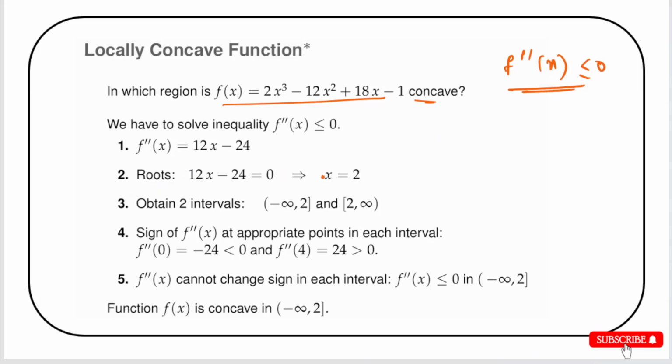Here you have only a single root, x equals 1. So you can apply the wavy curve method again of minus infinity and infinity. Suppose this is 2. So what you know is that on the right hand side you will have positive, on the left hand side negative. So the function will be like this. It is negative first, then here it is 0, and then it is this.